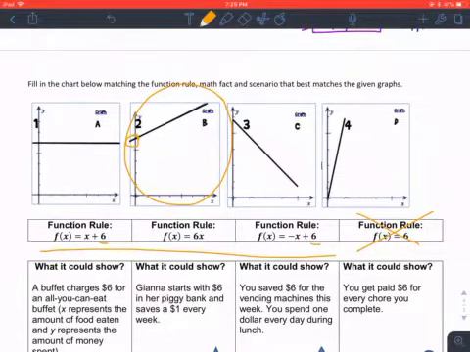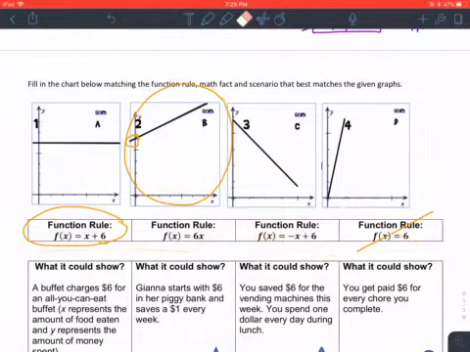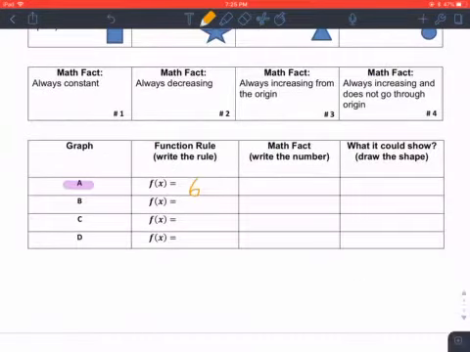And which one is increasing? It is this one because it has a positive slope. This one right here does not. It has a negative slope. So therefore, the correct function rule for B would be f of x equals x plus 6.